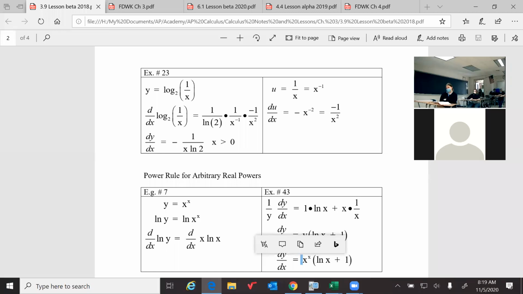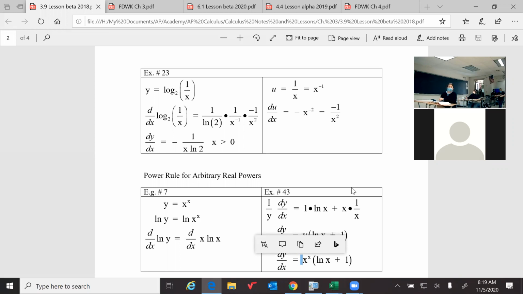All right, so here's what we got. Went over here and said u is x to the negative 1. So the derivative of u with respect to x would be negative 1 times 1 over x squared. Now what? I have log base 2 of u.